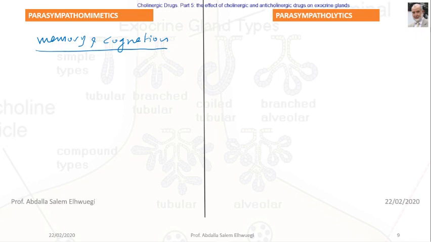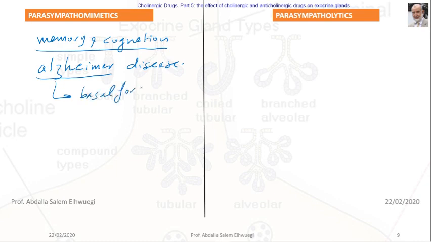Because they found that in the well-known Alzheimer disease, which will affect short-term memory, there is loss of cholinergic transmission or neurons in the basal forebrain. People who suffer from Alzheimer disease, they suffer from a damage of cholinergic neurons in the basal forebrain.